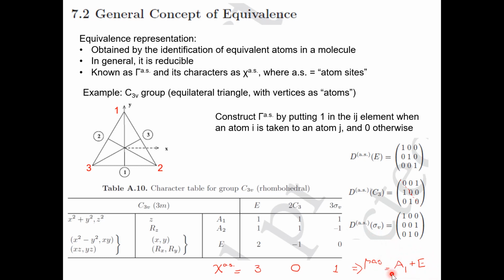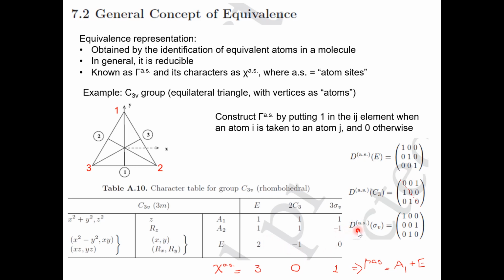I could construct linear combinations of s orbitals that transform like A1, the totally symmetric, or identity representation, which is a symmetric combination of the 3 orbitals. And I could also construct a 2-dimensional representation E, but I could not construct an A2 representation.